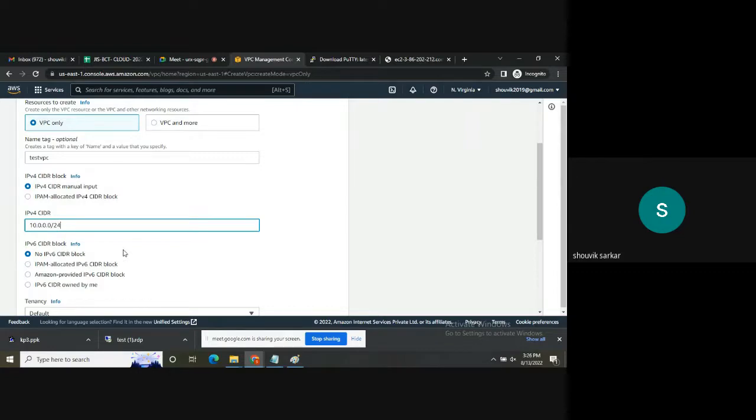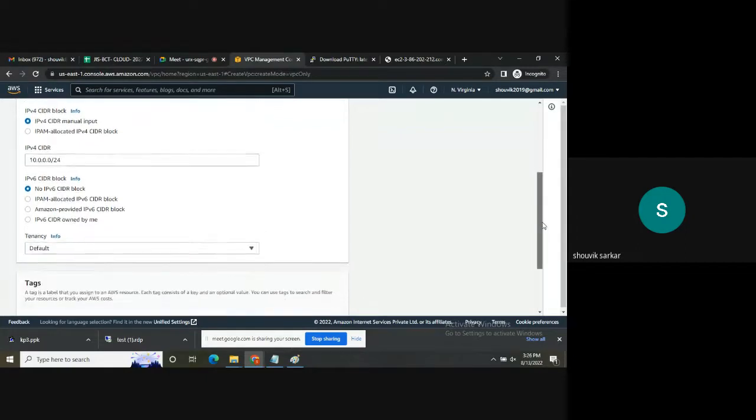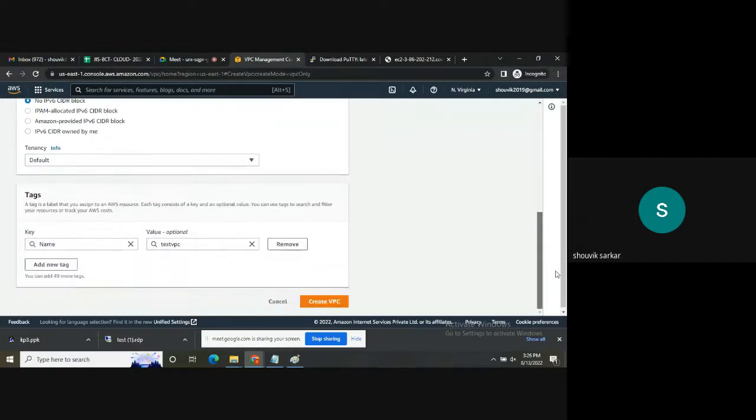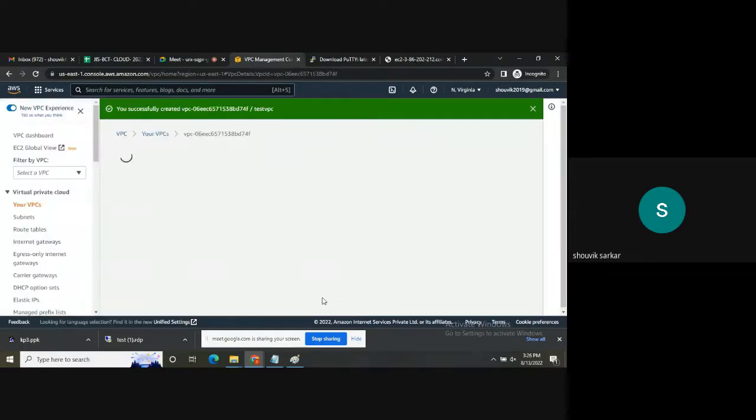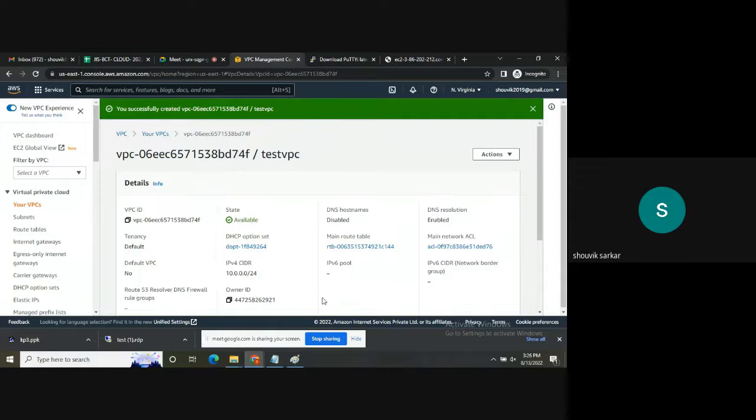That means I have 256 computers, but 5 are reserved by AWS. So we have 251 computers in my VPC, and we create this VPC. This is an easy way to create a VPC.